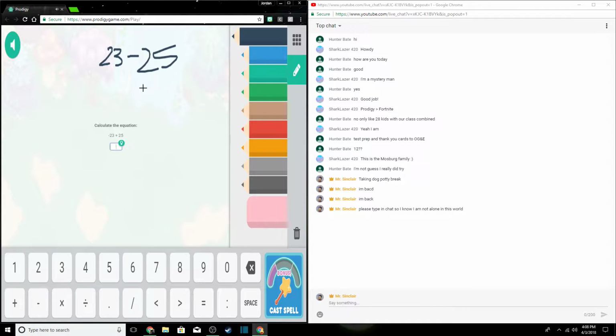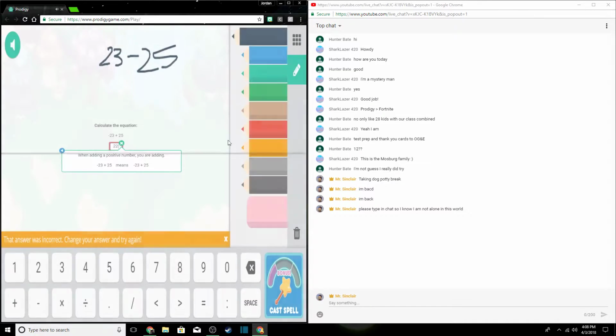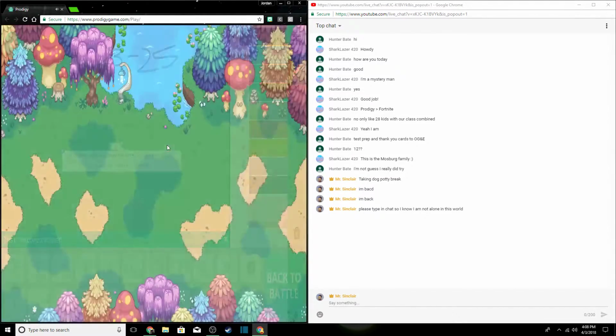Don't flip them around, because that's the whole point. It's going to turn out to be negative 23 minus 25, which is... Nope, sorry, I messed up. 23 minus 25 should be negative 2. I don't know why I put 22. That was just a mistake.